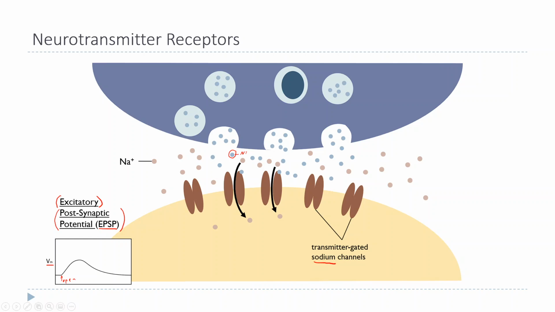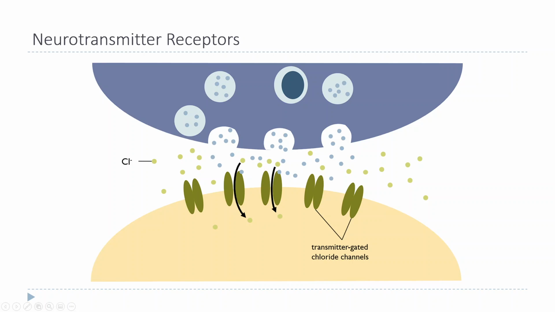Some neurotransmitters have these kinds of channels associated with them. Glutamate is a good example. Most of the glutamate gated ion channels are sodium or calcium channels, and those all cause depolarization. So typically we call glutamate an excitatory neurotransmitter, because it usually opens neurotransmitter gated sodium channels.